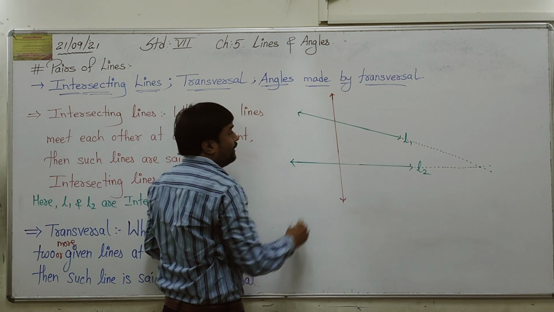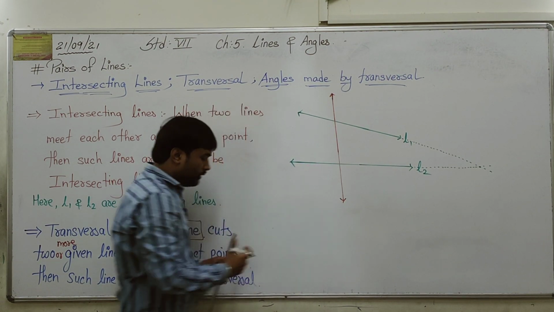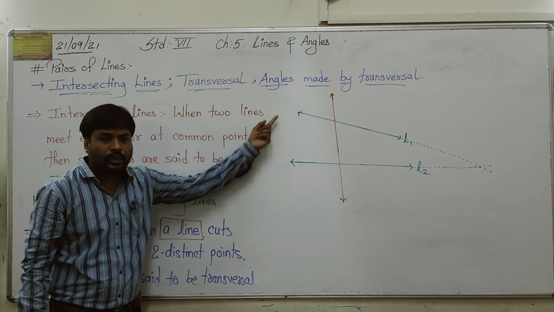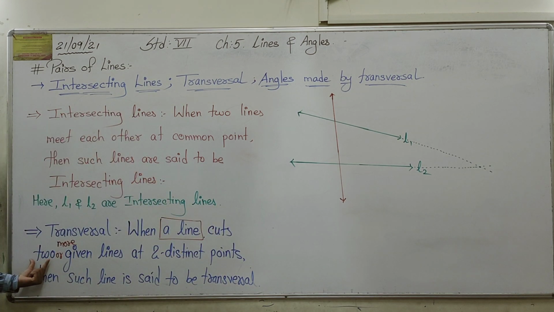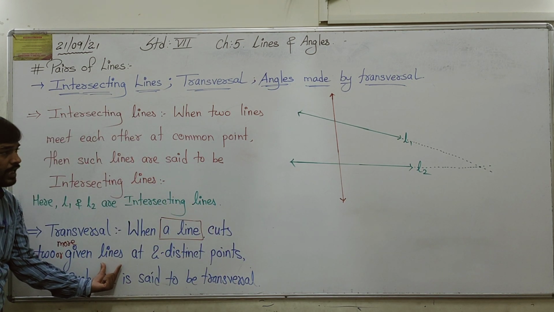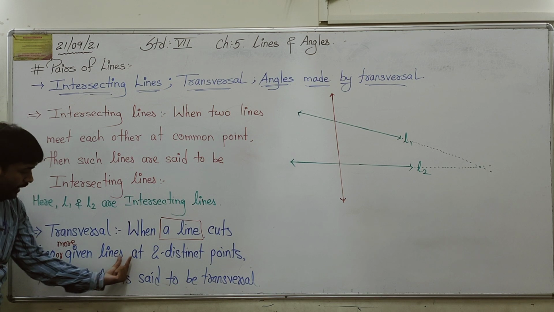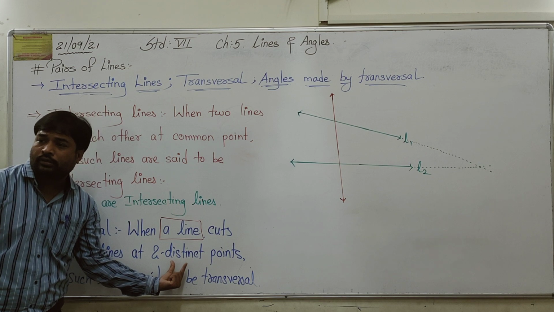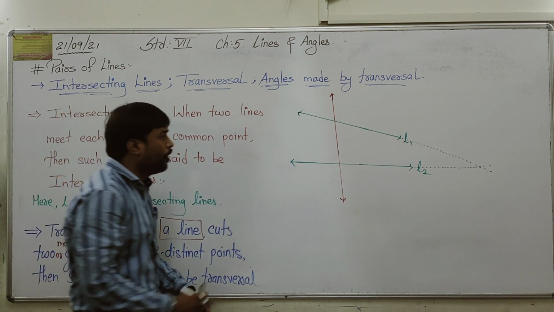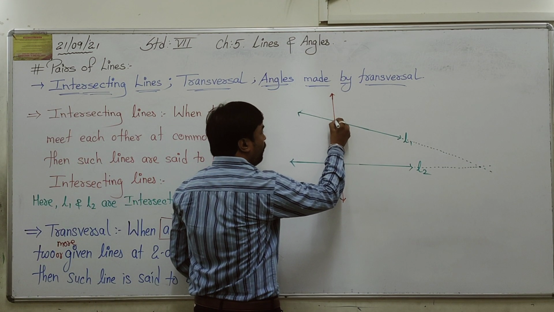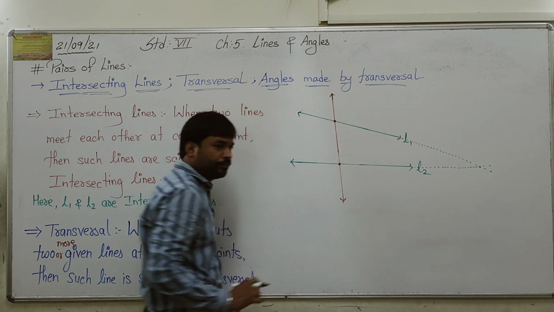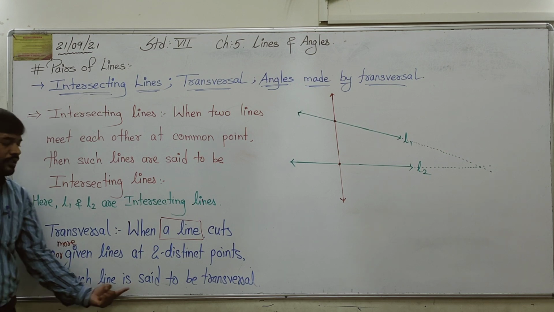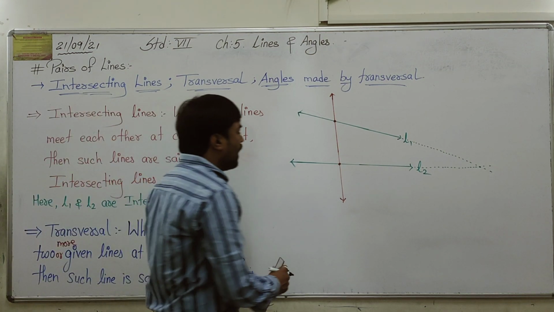You can see that the red line, that is a given line, it is cutting two given lines, L1 and L2, at two distinct points. Distinct means different, two different points. Here is your first point, here is your second point. Then such line is said to be transversal.